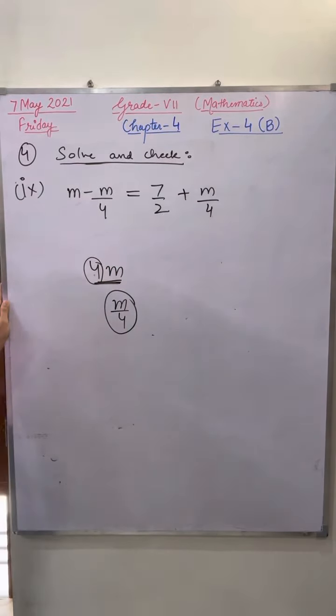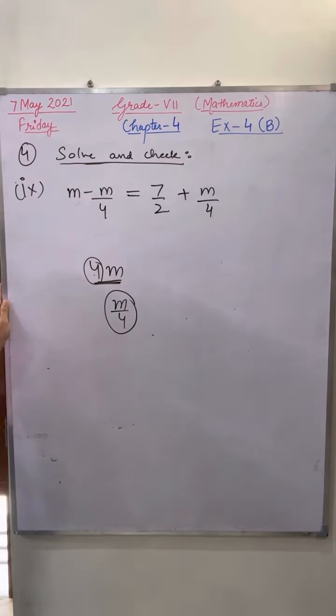Here I have the constant on the right hand side, so no need for transposition with the constant. I have a variable on the right hand side, so I have to shift it to the left hand side, because the variable should always be on the left hand side and the constant always on the right hand side. This is the main rule.